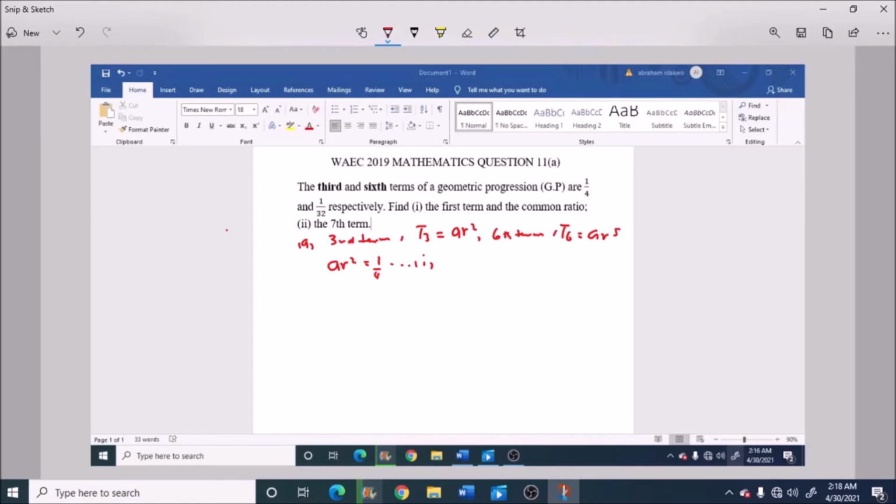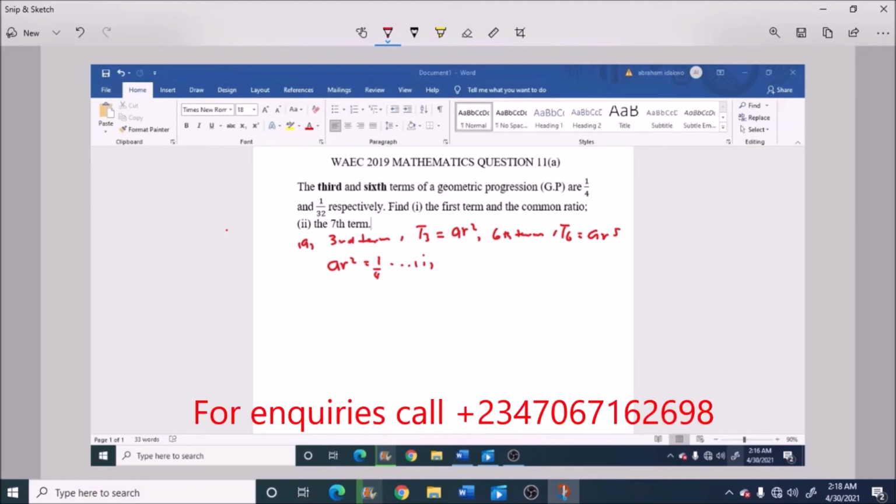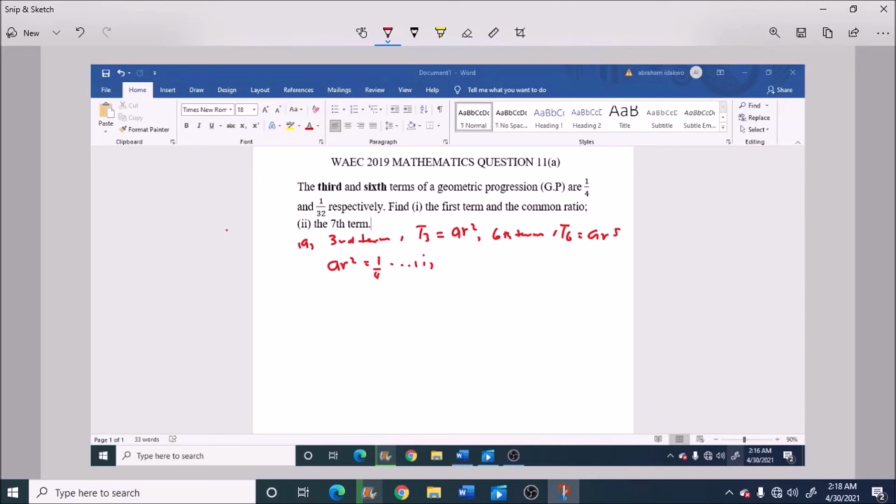So we have ar^5 over ar squared equal to 1/32 divided by 1/4. Of course, this is going to give us 1/8. So from the law of indices, we have r raised to power 3 equal to 1/8, and the cube root of 1/8 is equal to 1/2.